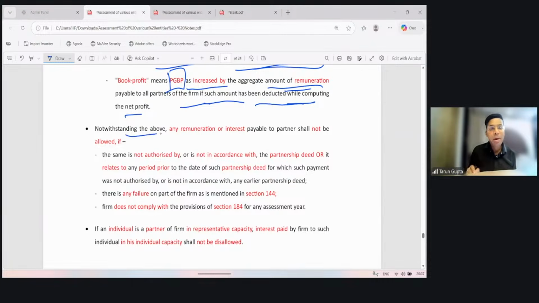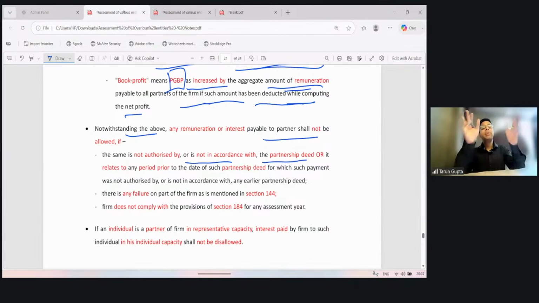Notwithstanding the above means the above shall not be allowed. The remuneration or interest shall not be allowed even if, as per the above limit, such remuneration or interest is within limits. Even if you are paying interest at less than 12%, such interest shall not be allowed if the same is not authorized by or is not in accordance with the partnership deed.